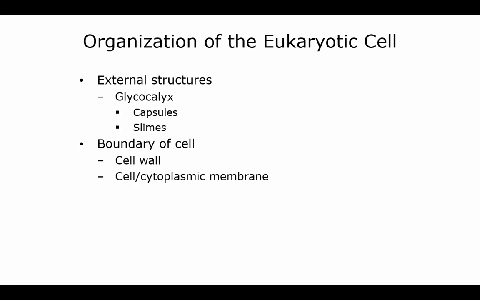The external structures are the glycocalyx, which can be either capsules or slimes. The capsules are secured more tightly. And then the boundary of the cell is the cell wall and the cytoplasmic membrane, or the cell membrane. A lot of cells don't have a cell wall, remember that. But the boundary of both of them is the cell wall and the cytoplasmic membrane.